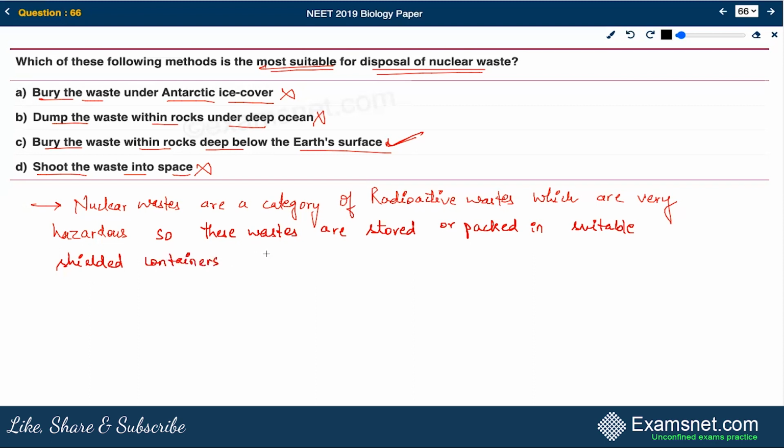Shielded containers, and then buried inside the earth's surface, deeply buried inside the earth's surface.